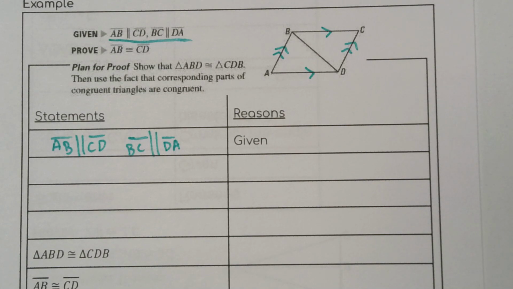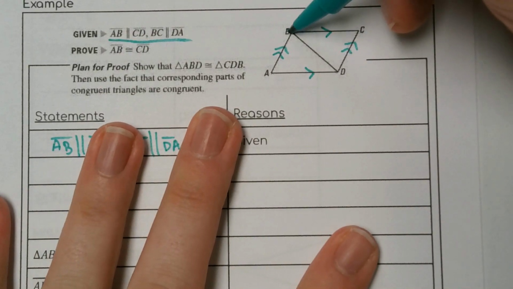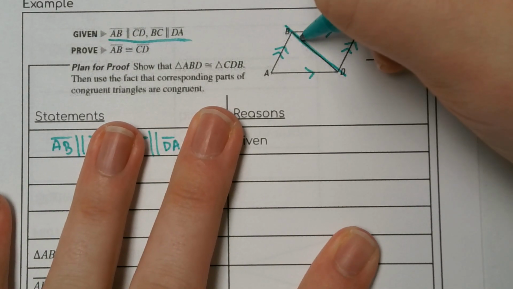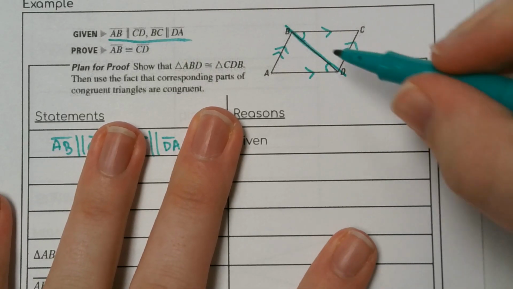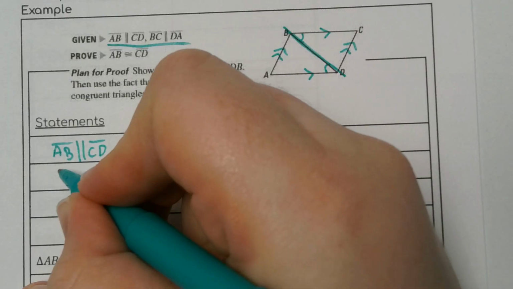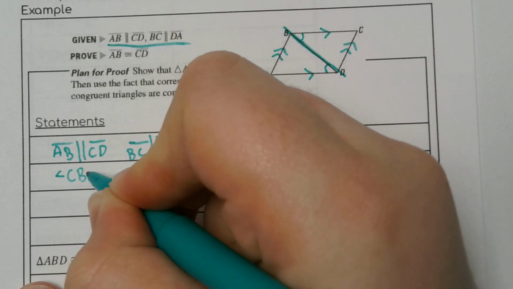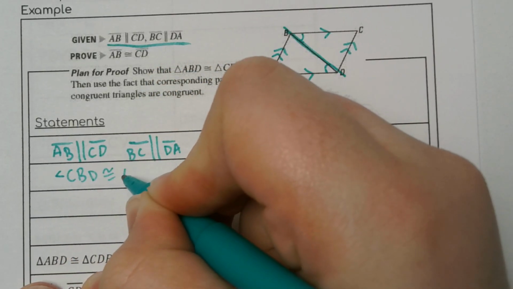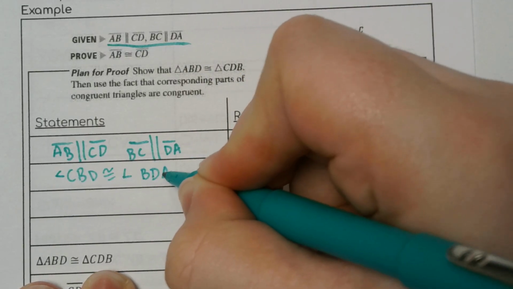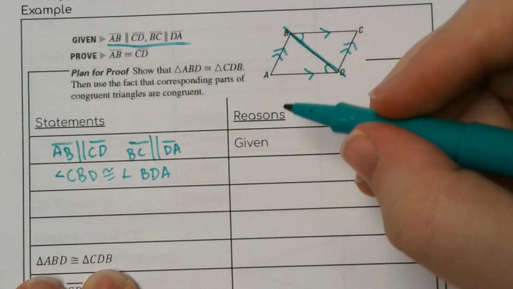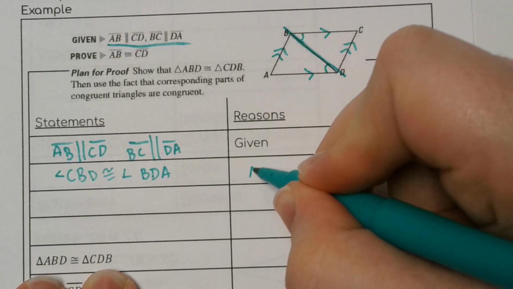Okay, tick marks are the congruents. So since we know that those are parallel, this is our transversal, right? So we can say the angle CBD is congruent to BDA. So angle CBD is congruent to angle BDA. Okay, that is because they are alternate interior angles.